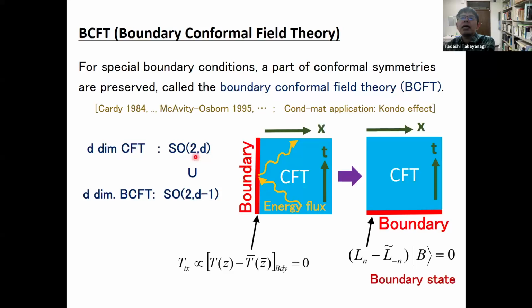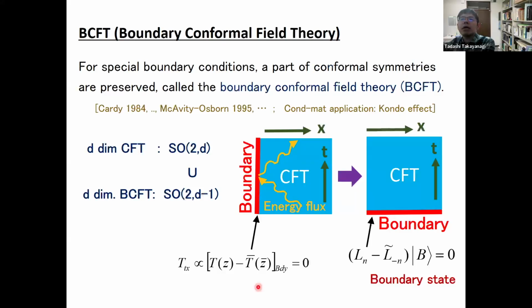But if we have a boundary, it leads to a one-dimension-lower theory, which can have conformal symmetry SO(2,D-1). So even if we introduce a boundary, we can still keep this symmetry. The whole SO(2,D) is broken, but we can keep this partial subgroup. When this symmetry is preserved, strictly speaking, it is called BCFT.